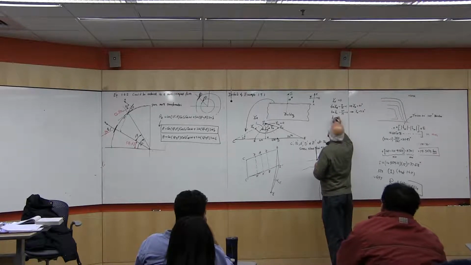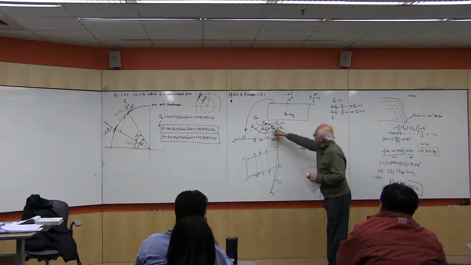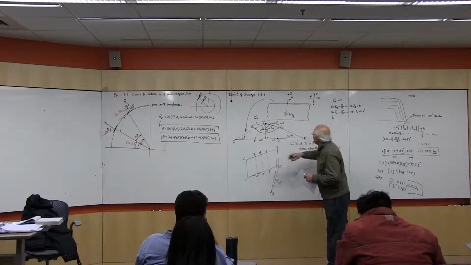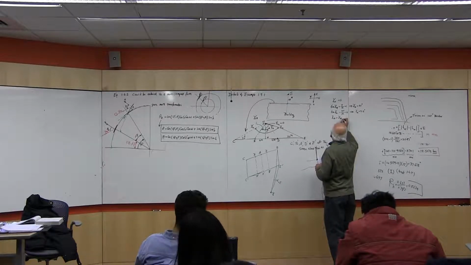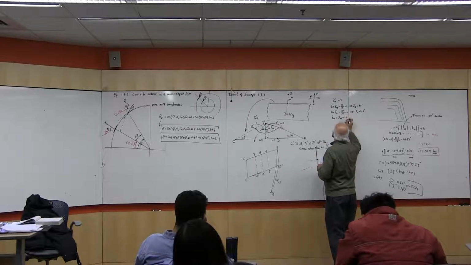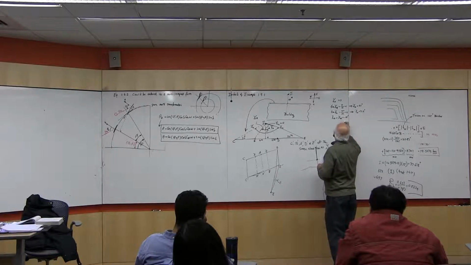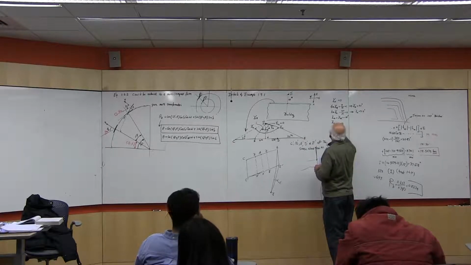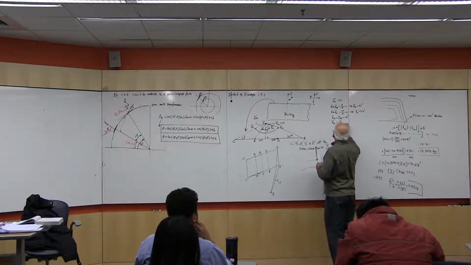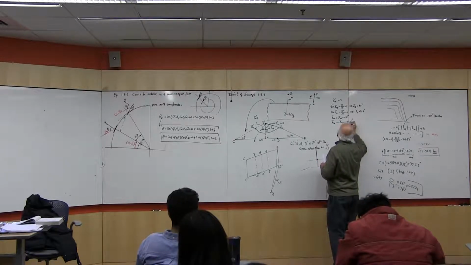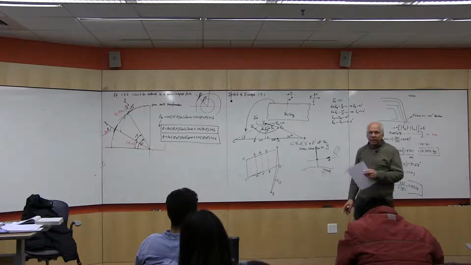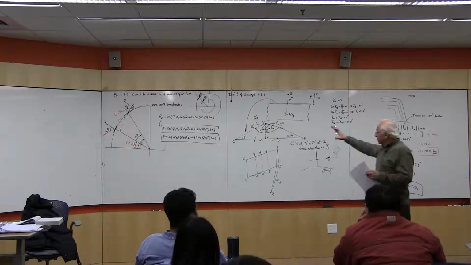Now gamma OD is negative OB, which is minus 45 degrees, and gamma OE is negative gamma OC, that is minus 71.6 degrees. So I have all the gammas for those 5 points that we picked.